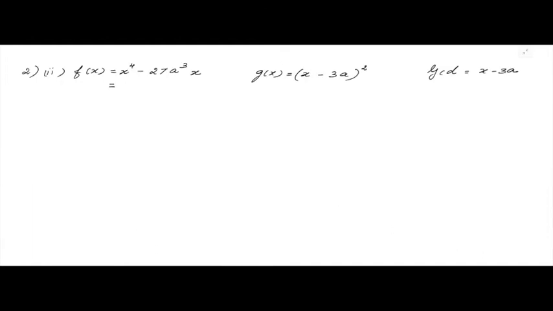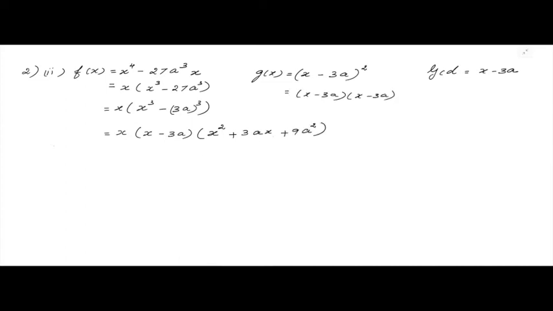So I'll take x common outside. So leftover is x cube minus 27a cube. Right? So this can be written as x into (x power 3 minus 3a) the whole cube. So again by formula I can split it out as x minus 3a into x square plus 3ax plus 9a square, right? And now shall we find the LCM?